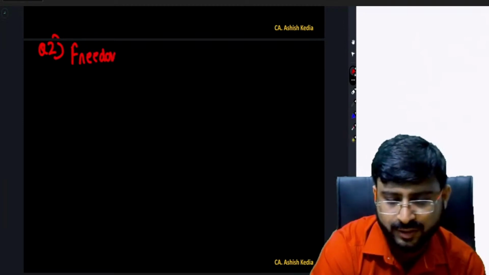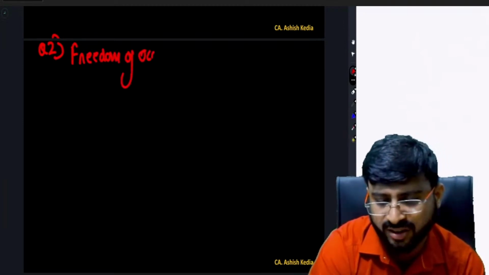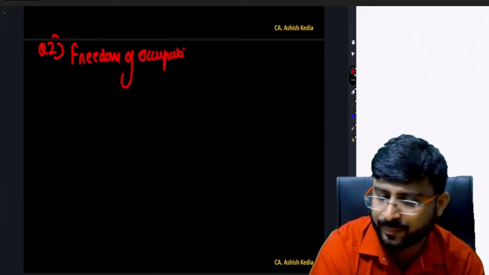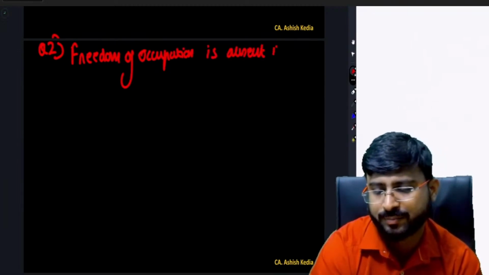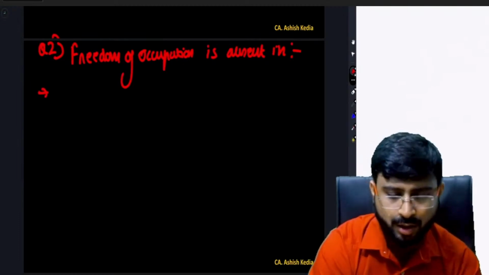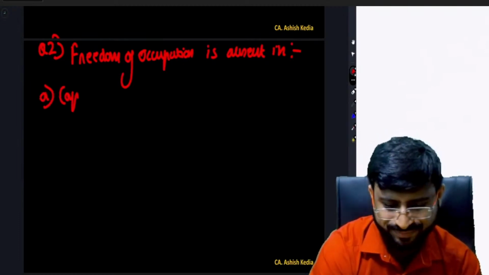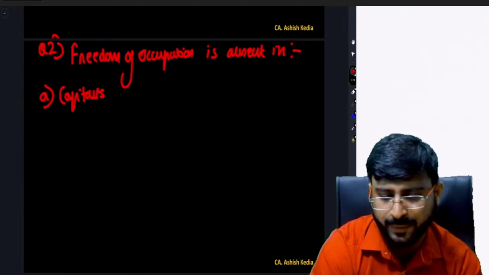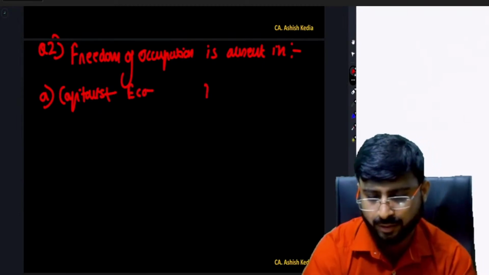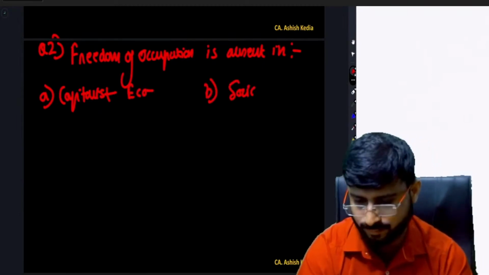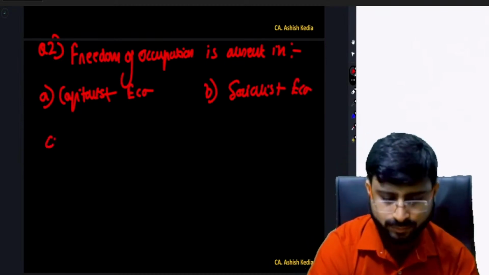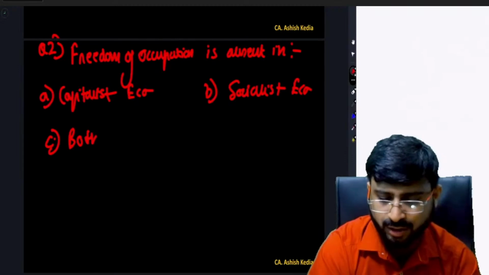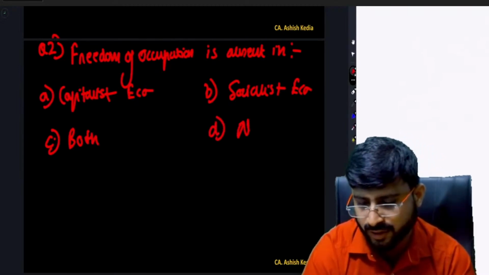Freedom of occupation is absent in: A, capitalist economy; B, socialist economy; C, both; D, none.